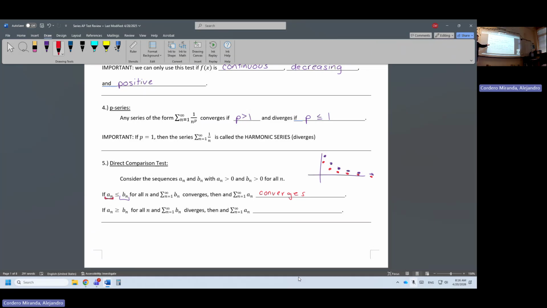And then it also says in the opposite direction. If now, let's say, reverse it. If your given series is bigger, sorry.